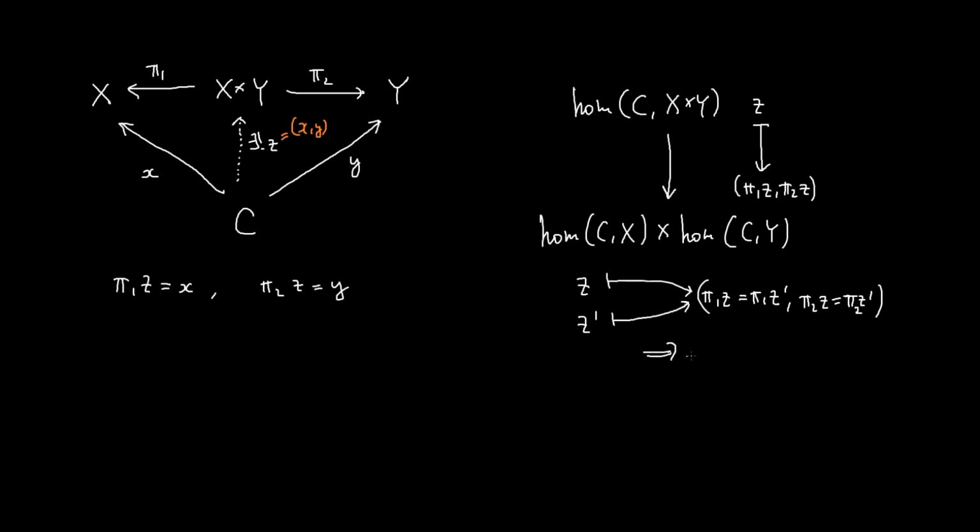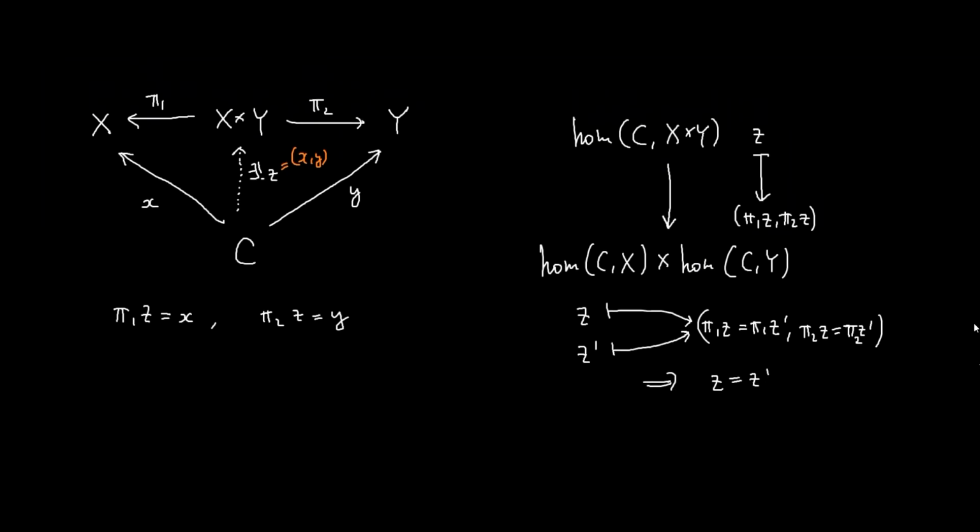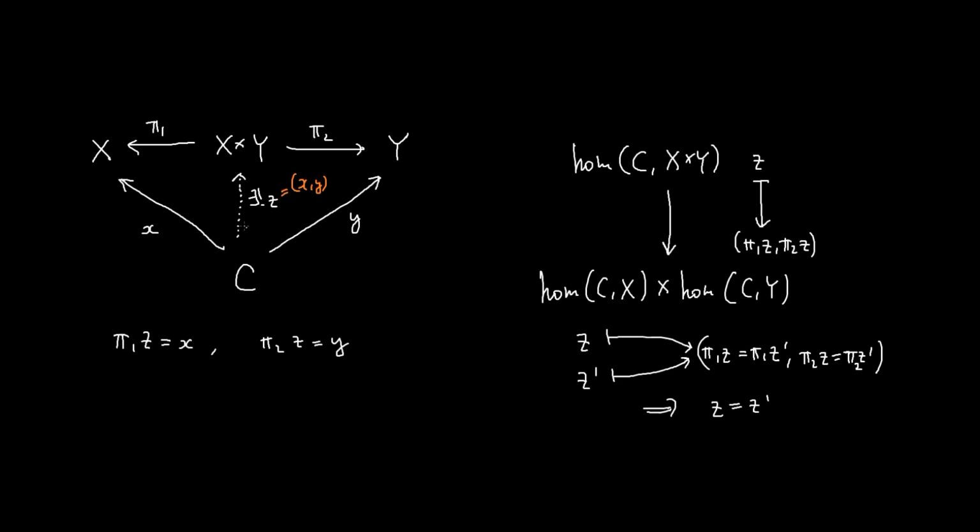So this must imply z equals z prime. If I look back at this diagram, this is exactly saying that there is at most one z for every x and y, right? Why? Because if there was another one, then it's exactly this injectivity property that would force the two to be equal if they have the same x and y. So thinking of this thing here as x and that thing there as y.